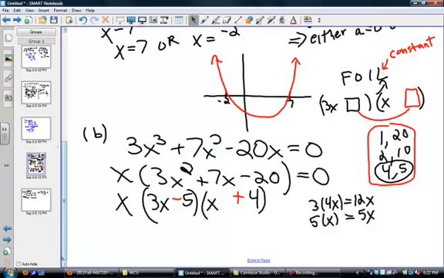So if officially we want to write it up in riddle form, I need 2 numbers that give me negative 20, but when I go to add them, one of them is going to get a 3 multiplied by it. It isn't m plus n, it's 3m plus n, and that's supposed to be equal to the positive 7.